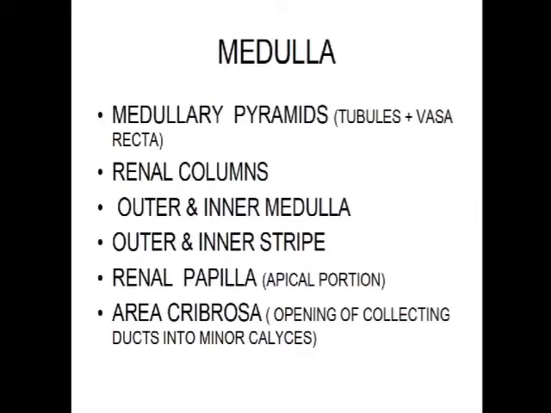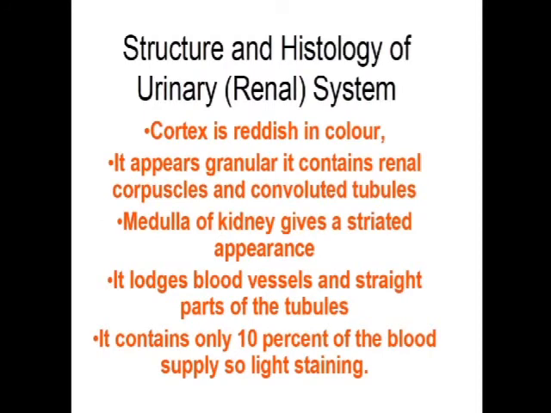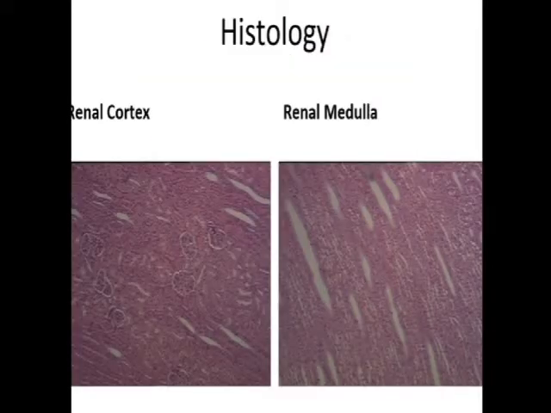The medulla consists of the medullary pyramids, and there are renal columns. So this is the renal cortex and this is the renal medulla.